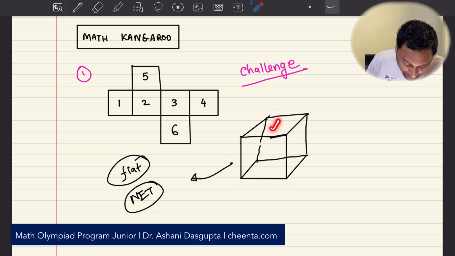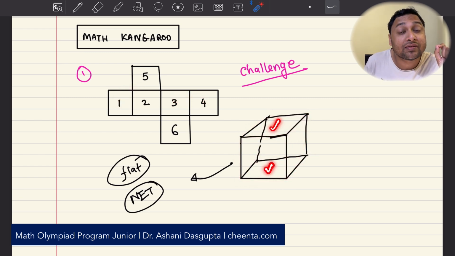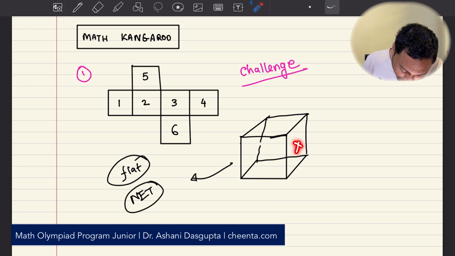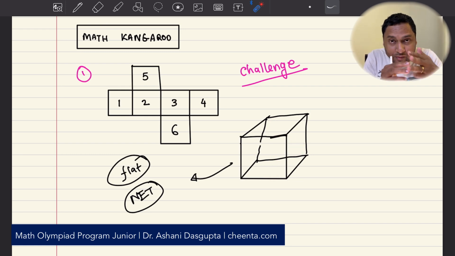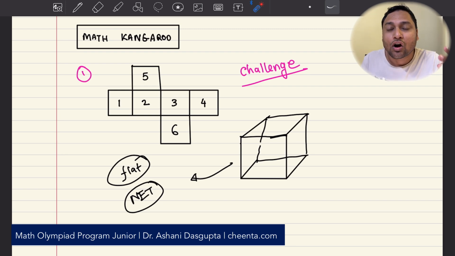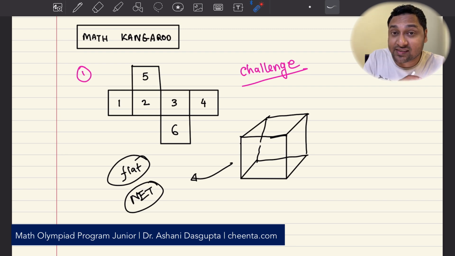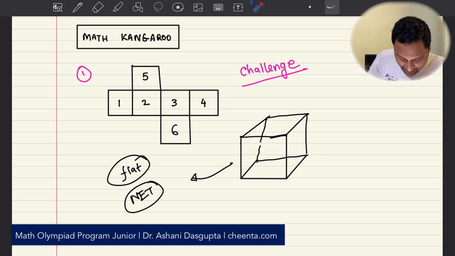So for example, one number will show up here, one number will show up in the opposite face of that. So you add these 2 numbers. Similarly, one number will show up here, one number will show up here. You add those 2 numbers. So there will be 3 pairs of opposite faces. You want to add those numbers up. And what will you get?